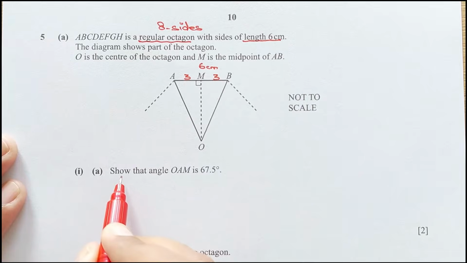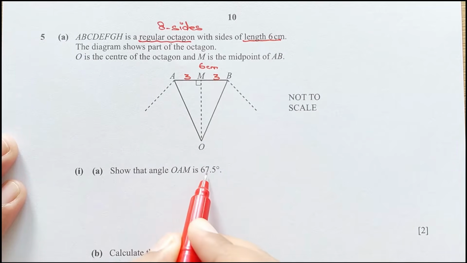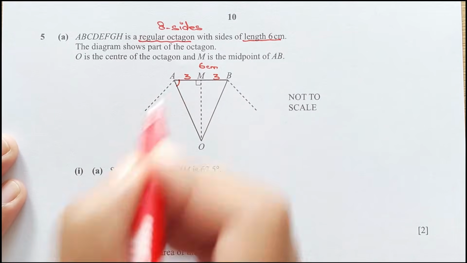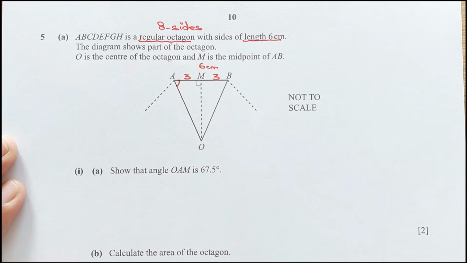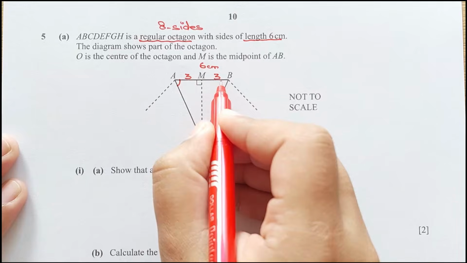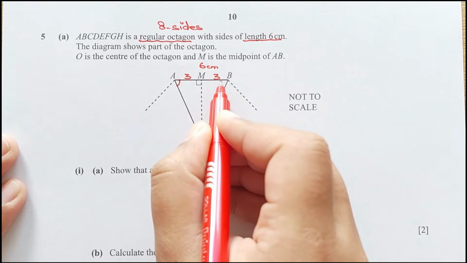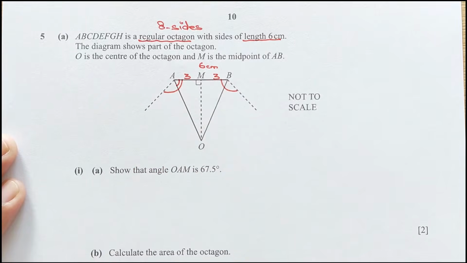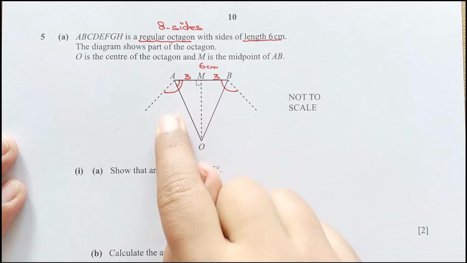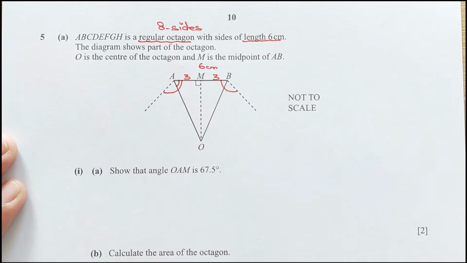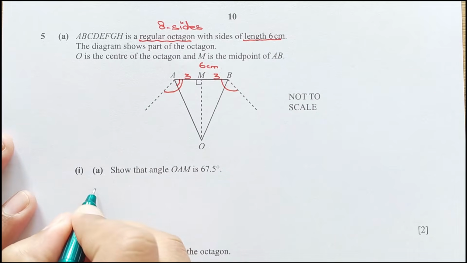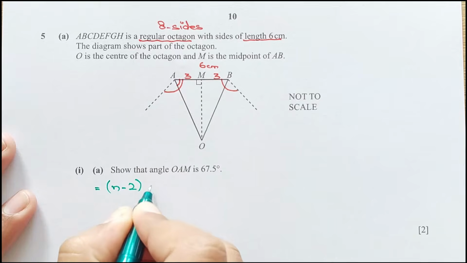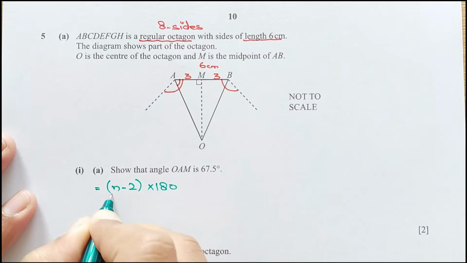Part 1A, show that the angle OAM is 67.5 degree. OAM, this angle we have to find. Right, so let me find the whole interior angle of the octagon, and then this is divided into 2 portions, so we divide by 2. The measure of each interior angle of an octagon has a formula: n minus 2 times 180 divided by n.